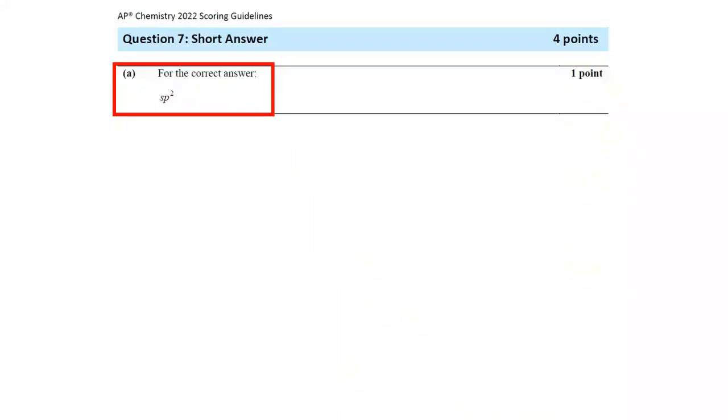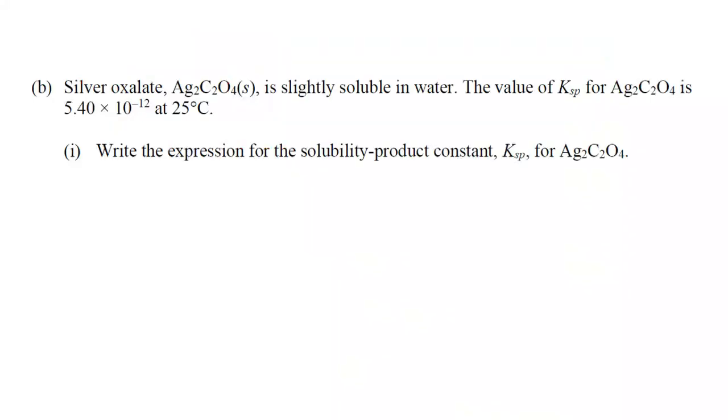Now let's take a look at part B of this question. Part B talks about silver oxalate, an ionic compound that is slightly soluble in water, and the value of Ksp for silver oxalate is 5.40 times 10 to the negative 12 at 25 degrees Celsius.